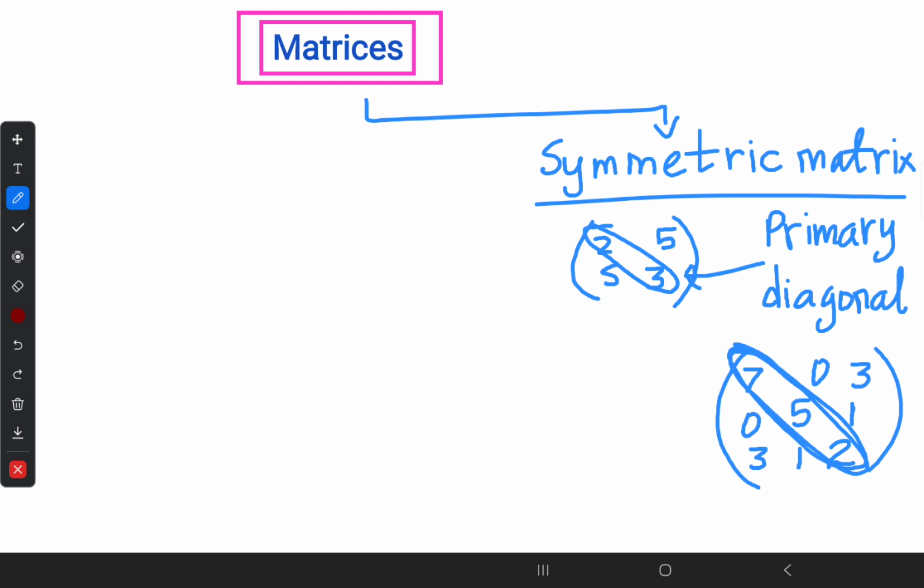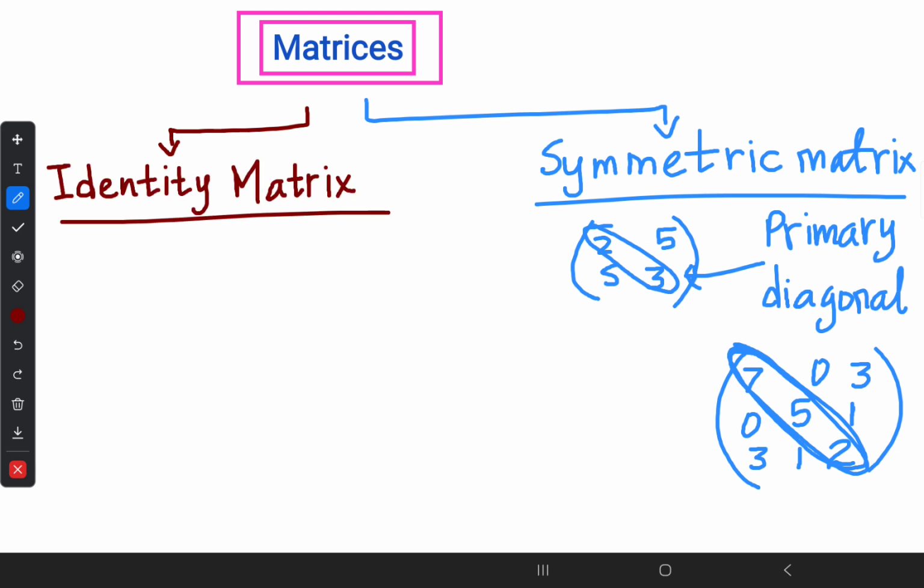Next classification would be identity matrices. Identity matrices are a kind of unique type of matrices. You will use this one in most of your calculations.